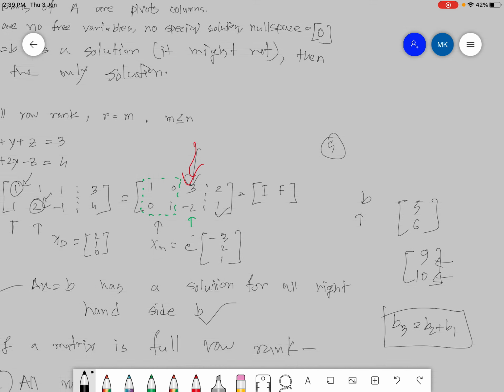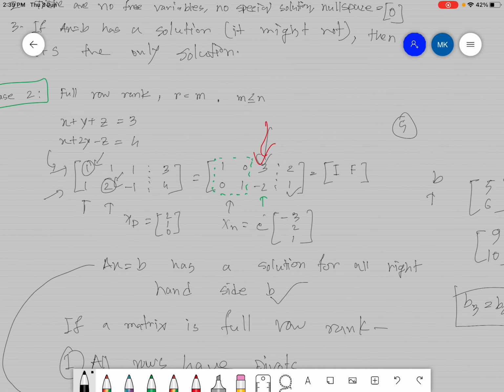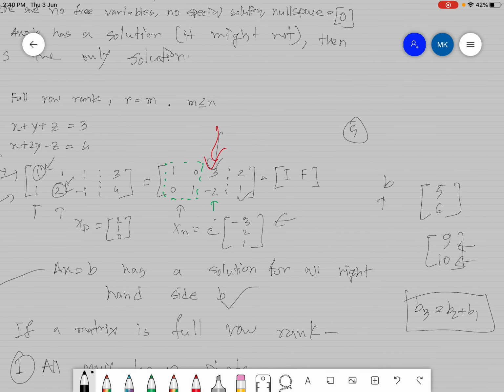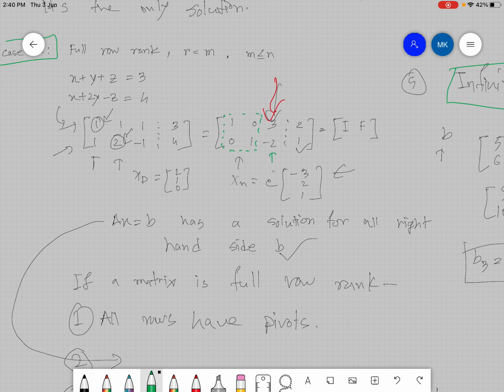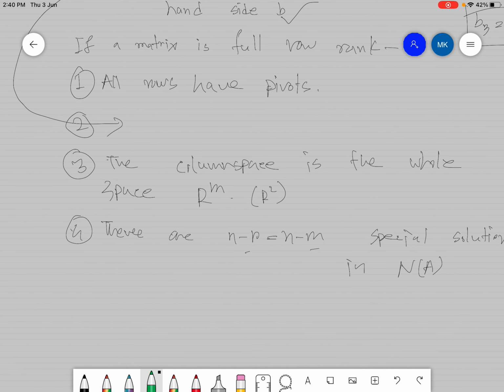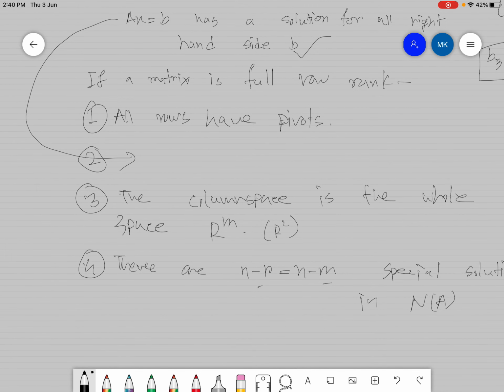So in that case, how many solutions would there be for Ax equals b? See here that you will always get a solution for Ax equals b, right? And the null space is not empty, so the number of solutions would be infinitely many, because you can take any vector from the null space and add it with the particular solution.